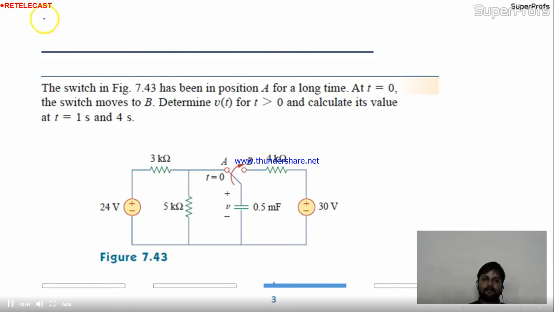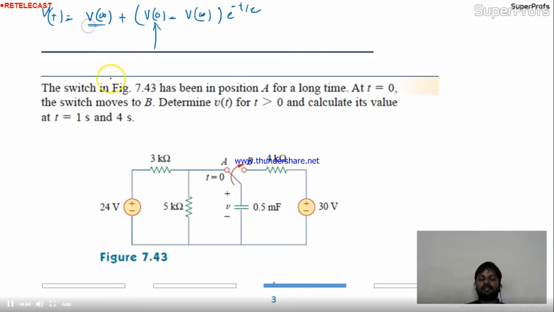Okay. Your formula is Vt equals V infinity plus (V0 minus V infinity) e to the power minus t by tau. Now you calculated V0, okay? You need to calculate V infinity. V infinity means after t equal to 0. So at t equal to 0 you are connecting it.